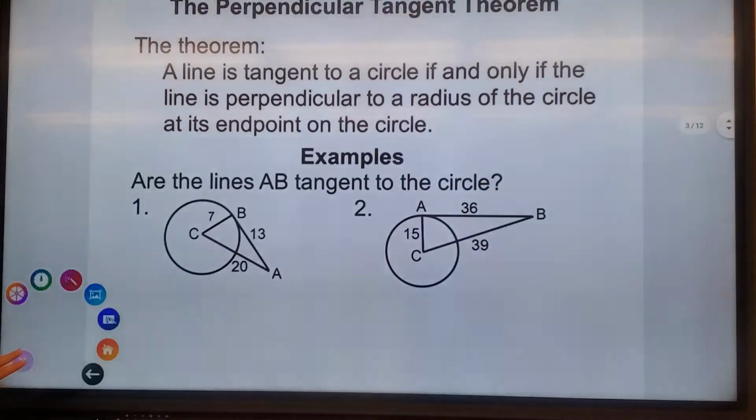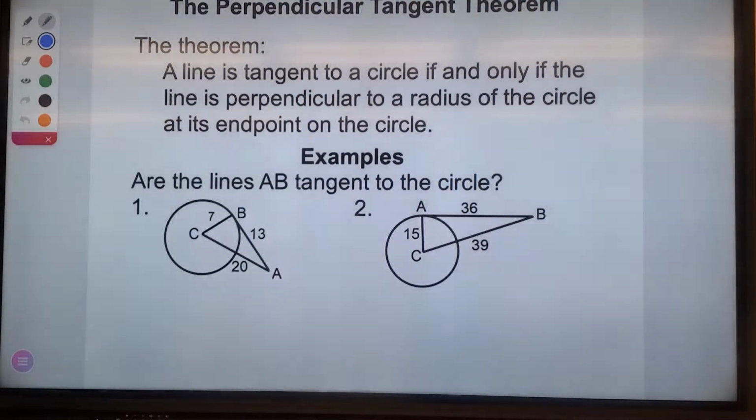Okay, first thing up here is the perpendicular tangent theorem, and that just states that a line is tangent to a circle if and only if the line is perpendicular to a radius of the circle at its endpoint on the circle.